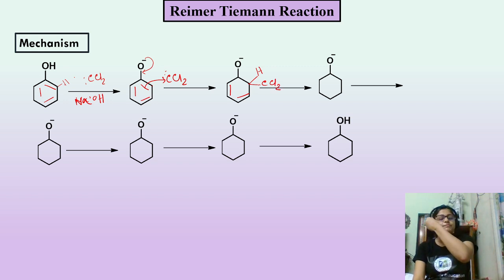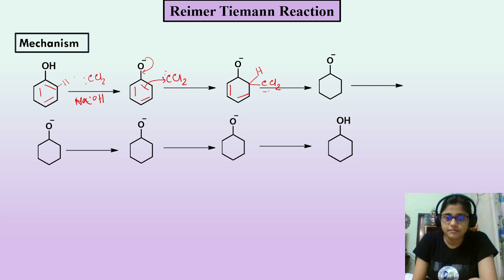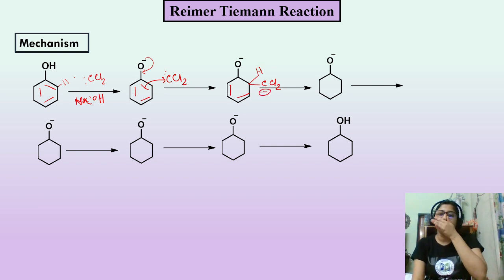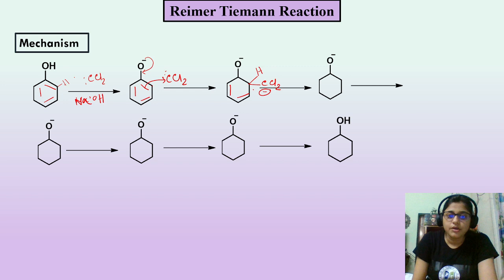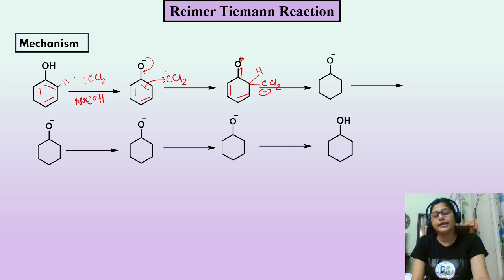Will it be minus or plus? It will be minus. Now what will happen? Not all are negative, so this negative will not be there, and here the double bond will be this. So now what will happen?